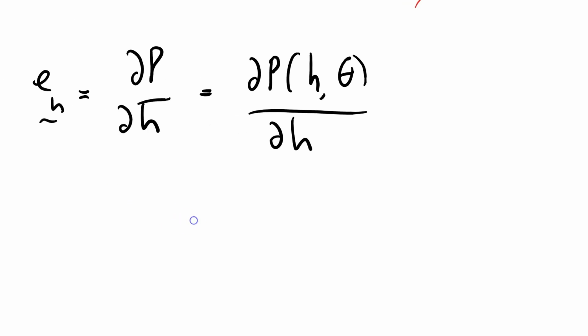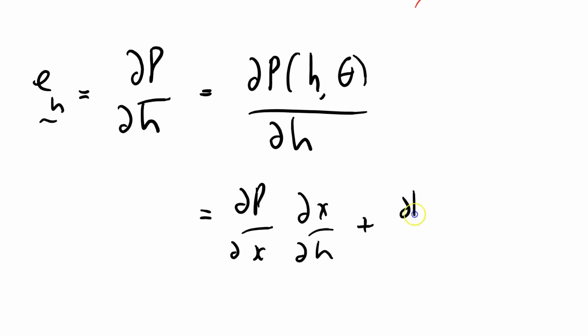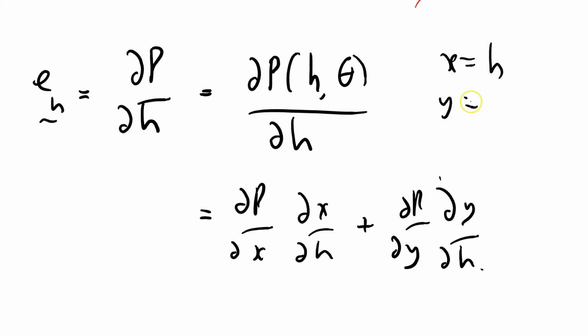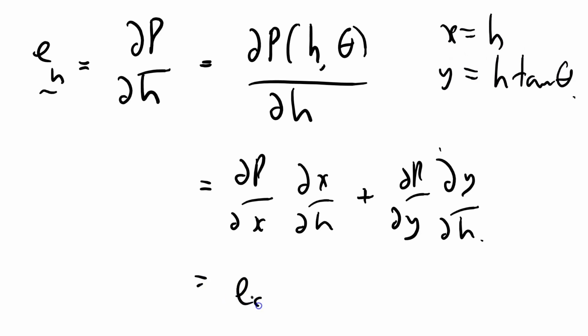And we know that this equals ∂P/∂X ∂X/∂H plus ∂P/∂Y ∂Y/∂H. So we need this one and this one here. X equals H, Y equals H tan theta. We're just plugging it in. EX ∂X/∂H is just 1, plus EY ∂Y/∂H is just tan theta.